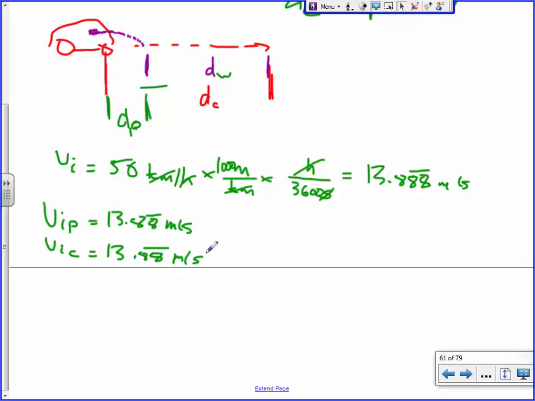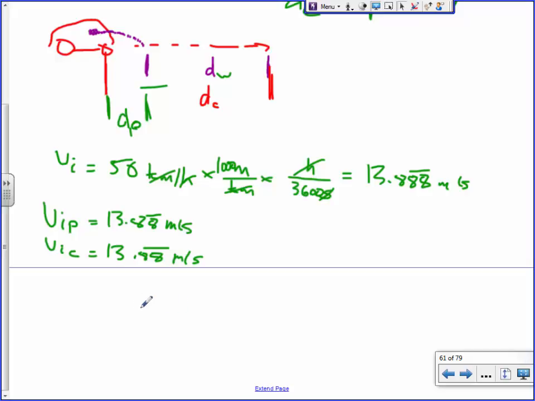Both of those items were going the same speed. You can see how physics all of a sudden ratchets up to a new level of complexity. We don't just have velocities, we have velocity initials of a phone. You're going to hate it even more when I start breaking this up into the x and y direction as well. You have to be really good with keeping track of what numbers are which.